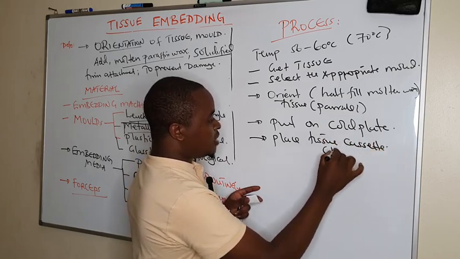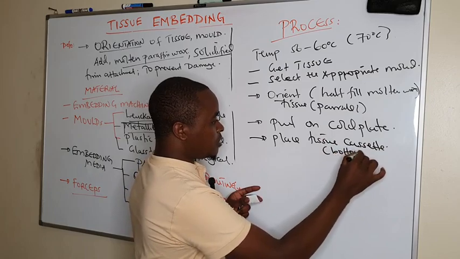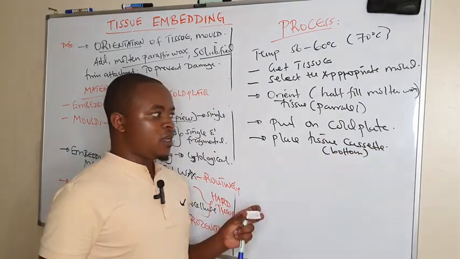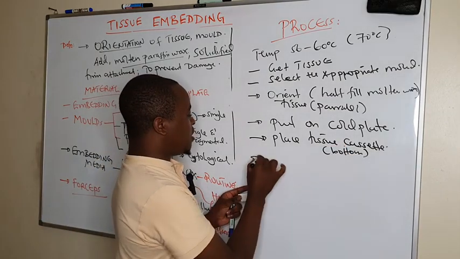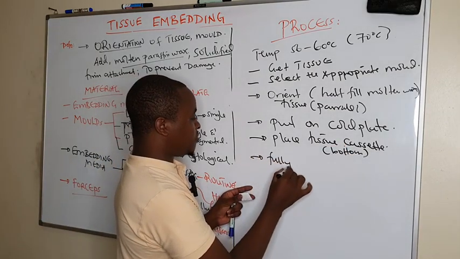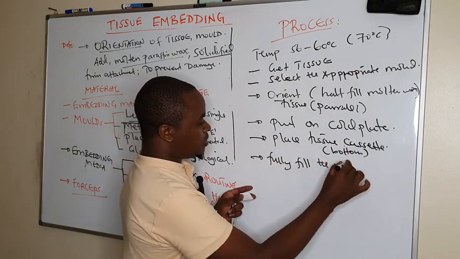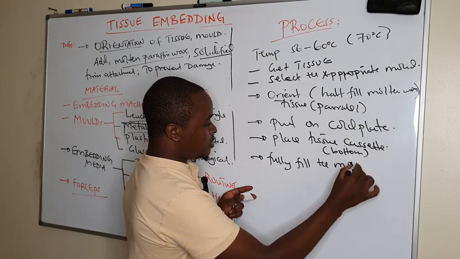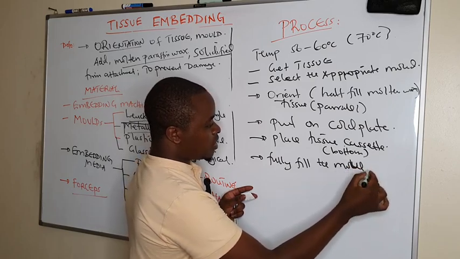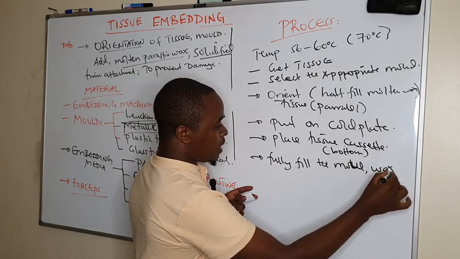The bottom side should be facing the mold. After placing the tissue cassette, now we fully fill the mold together with the tissue cassette with paraffin wax.